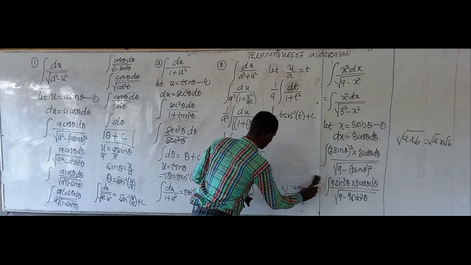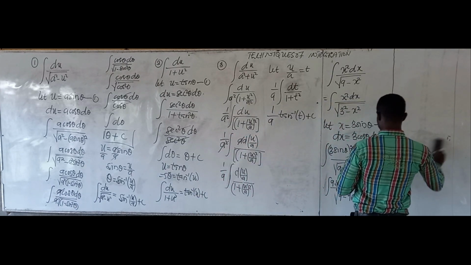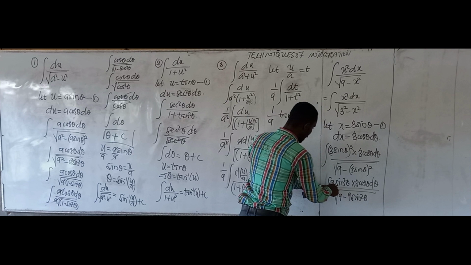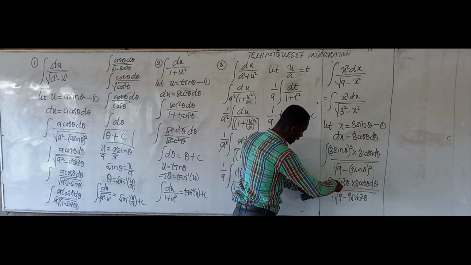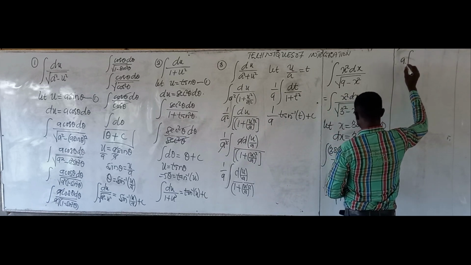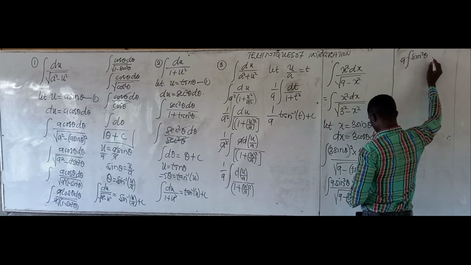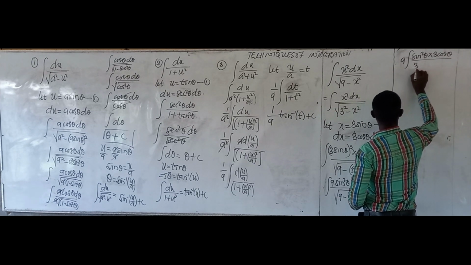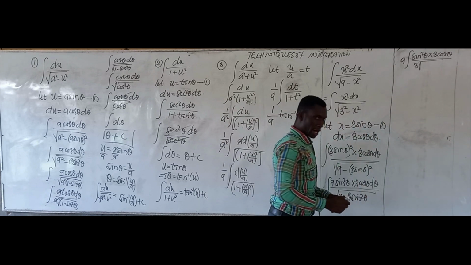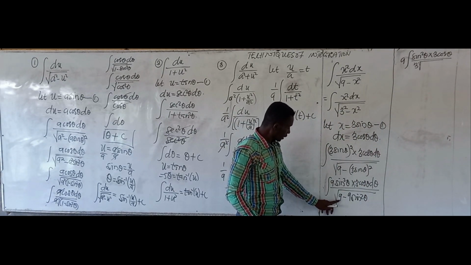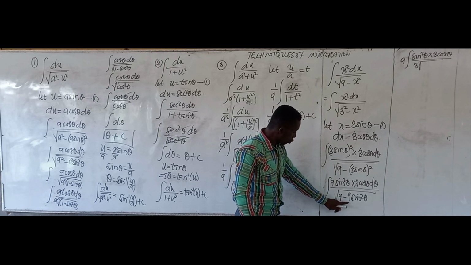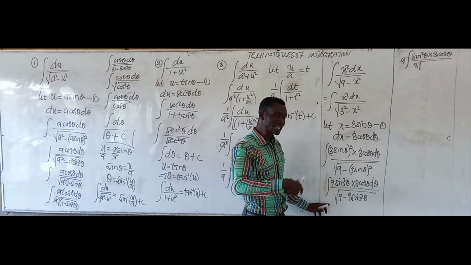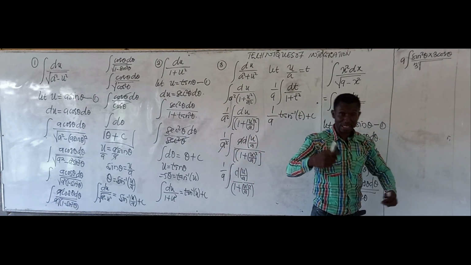Therefore, there is a 9 on top, and the 9 can come outside. It will be 9 times the integral of sine squared theta times 3 cos theta, all over 3 times the square root of 1 minus sine squared theta.